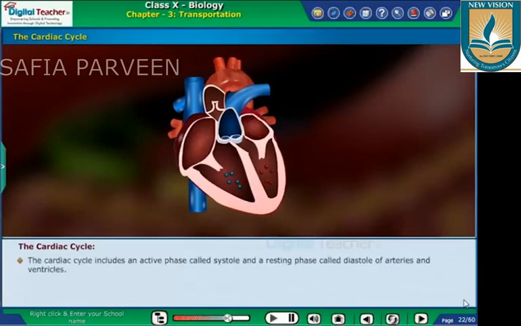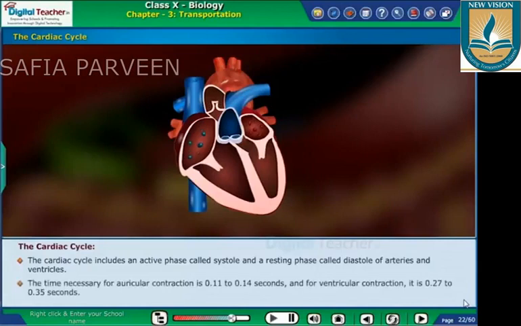The cardiac cycle has an active phase or contraction phase called systole, and it also has a relaxation phase or resting phase called diastole. Contraction of the auricles and ventricles occurs in separate phases, whereas relaxation of both auricles and ventricles occurs together.